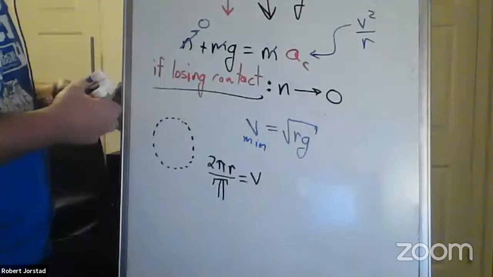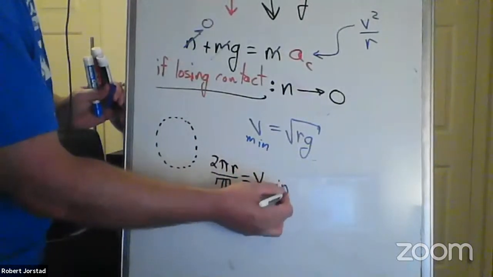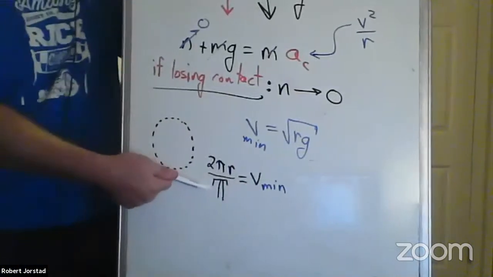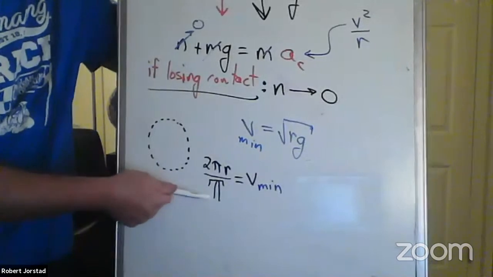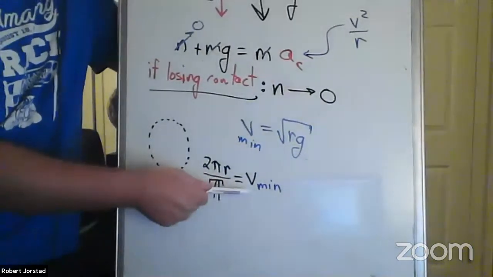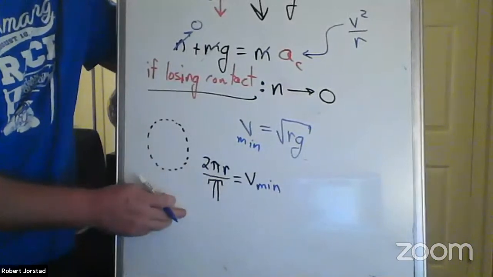So let's say we plug in, this is a minimum. I hope you agree we could somehow figure out the period here. Is this period going to be a minimum or a maximum? If I'm at the minimum speed, my period or time is a maximum. So watch out for this.